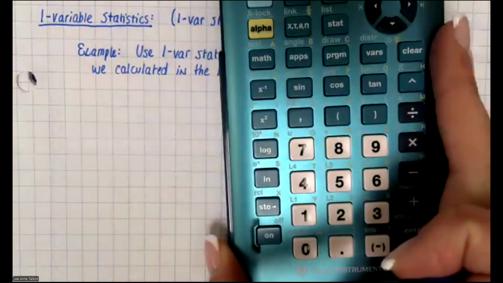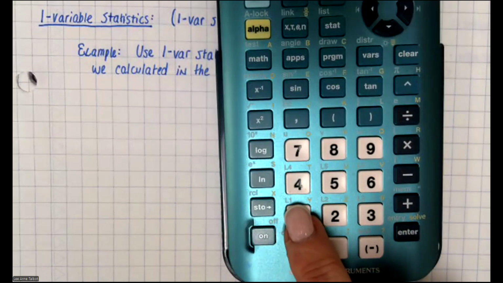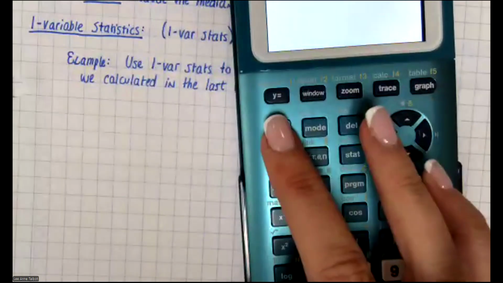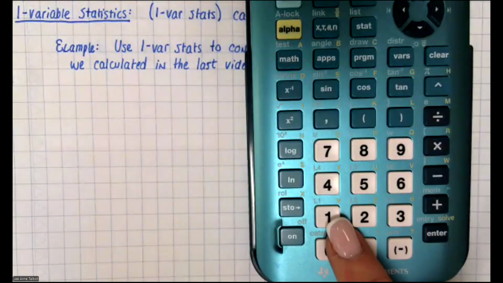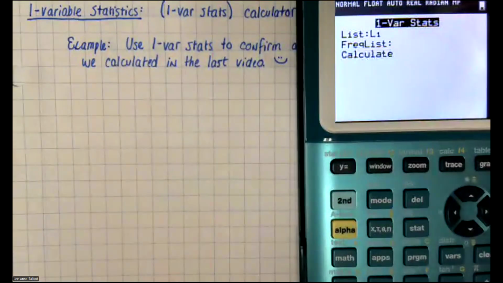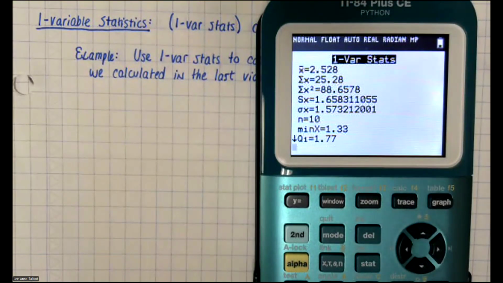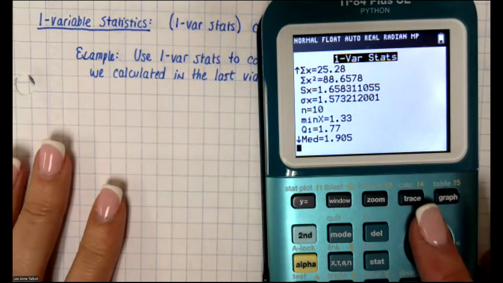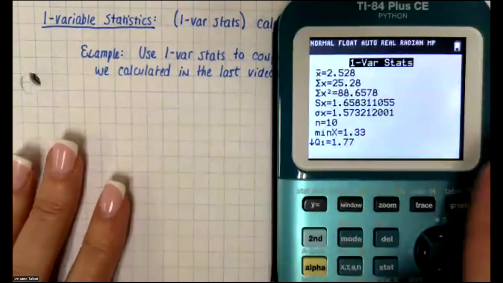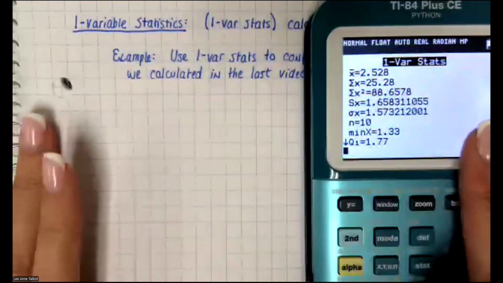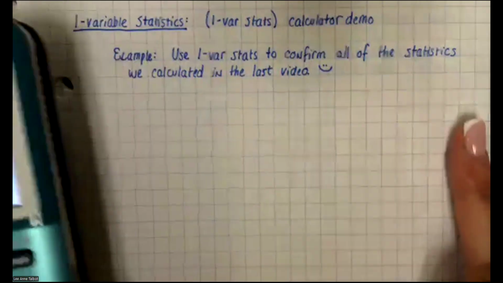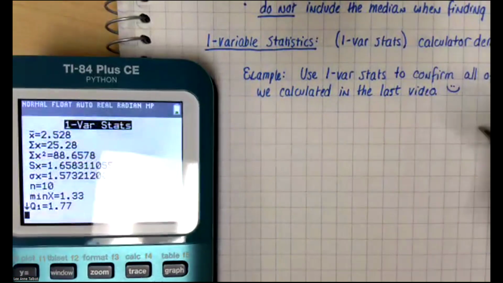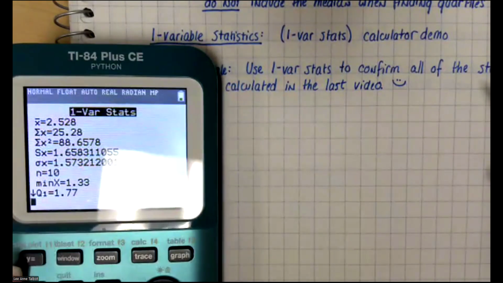Just a reminder, if it doesn't say L1, L1 is above the 1 on your calculator, and you can access that by hitting second and then 1, and hit calculate. And all of the statistics that we have calculated so far by hand were done in about 1 second. Let's talk about what all of these things are and what we will use them for.